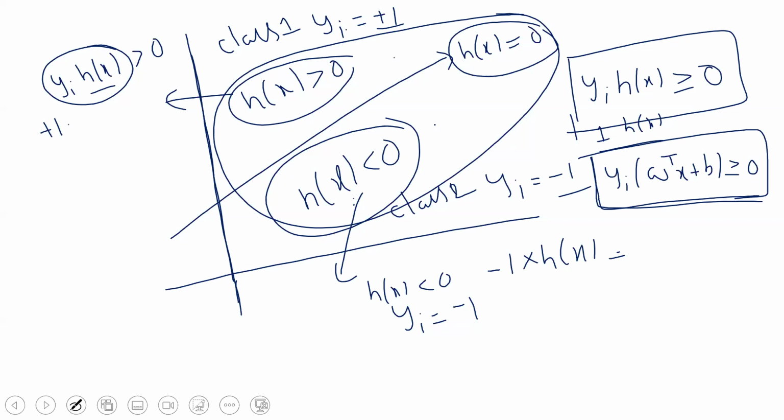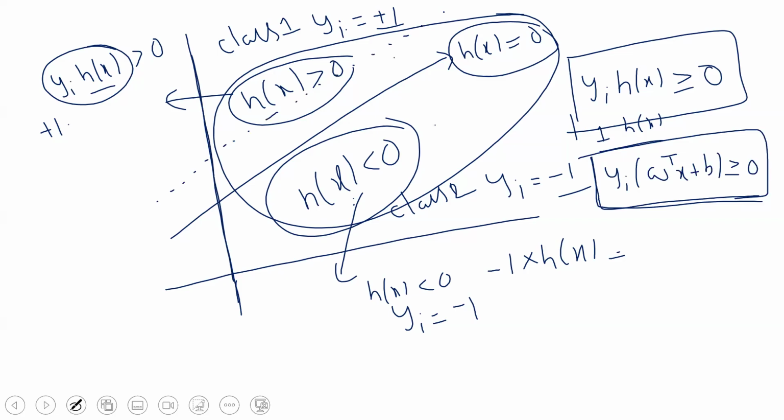Here yi into w transpose x plus b, where yi is positive for class 1 and negative for class 2. That is the other thing I would like to specify. Now the objective of SVM is to maximize the margin, and we want to represent this margin. What is the margin?